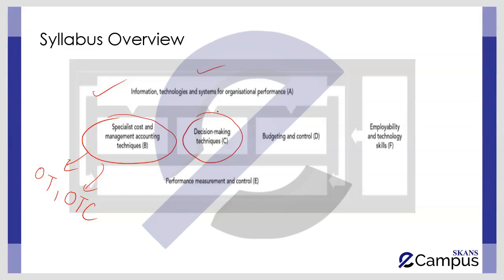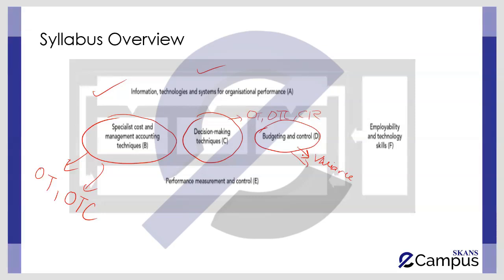So that is the topic that is separately tested, as well as that is built into other topics as well. So you can get all kinds of questions from here: OTs, OT case questions, and full-fledged long-form questions, the constructed response ones. Similarly, the budgeting and control area, this includes variance analysis as well as all the detailed budgeting techniques.